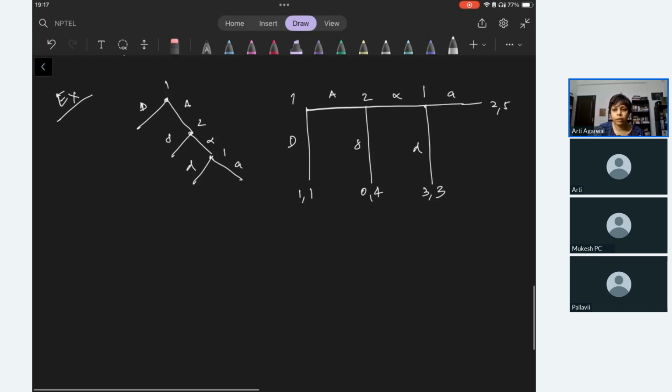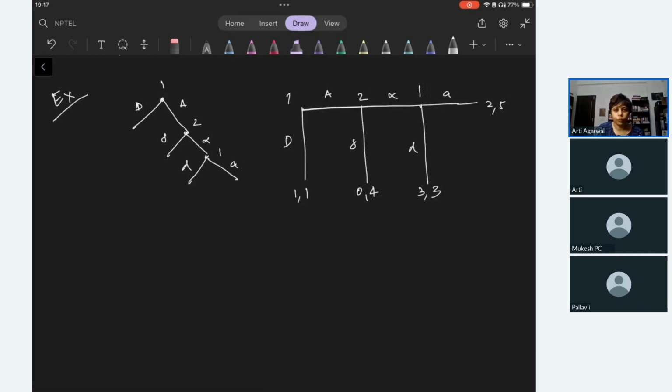What are the strategies of player two? Before I make the game table, what do you think are the strategies of player two? Alpha and delta, yes.